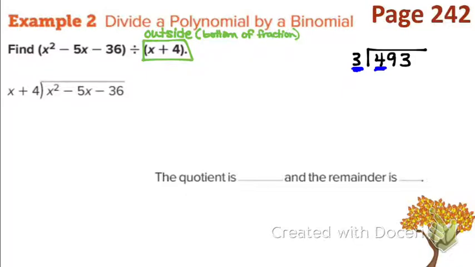I'm going to see how many times x can go into x squared. So if I set up a little division problem off to the side, x squared on top, x on bottom, will this reduce or simplify at all?